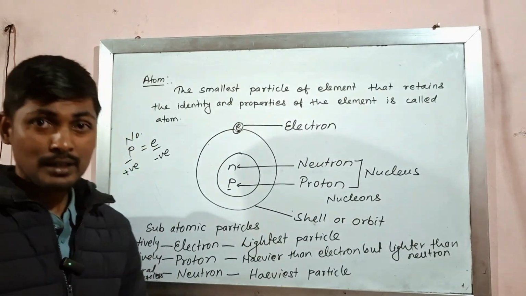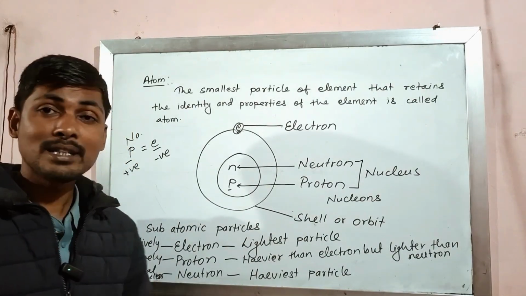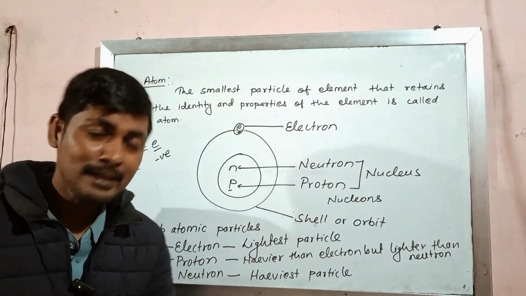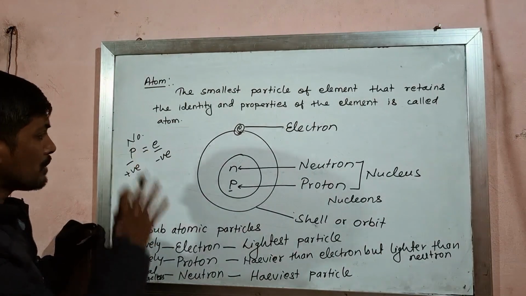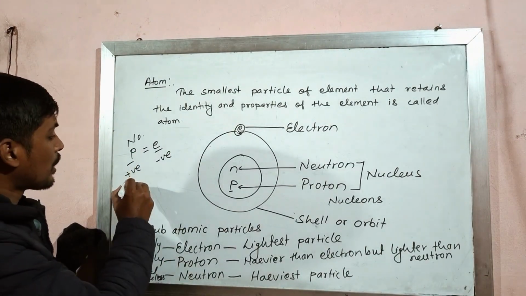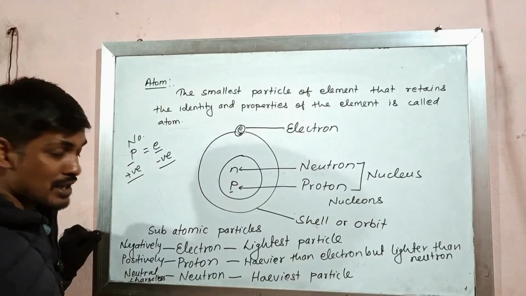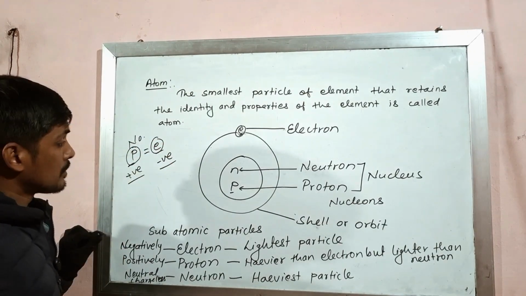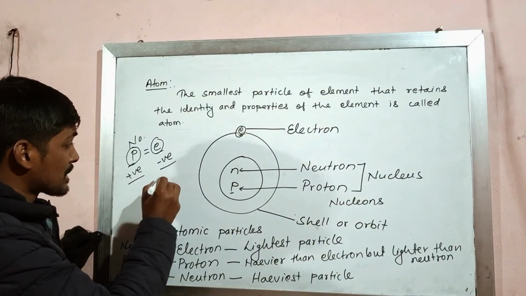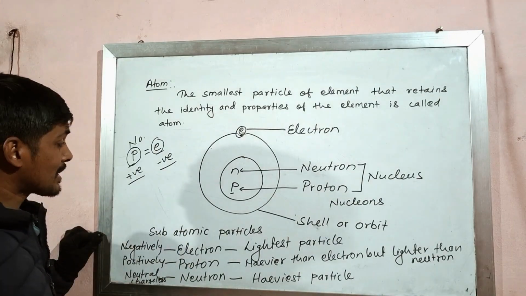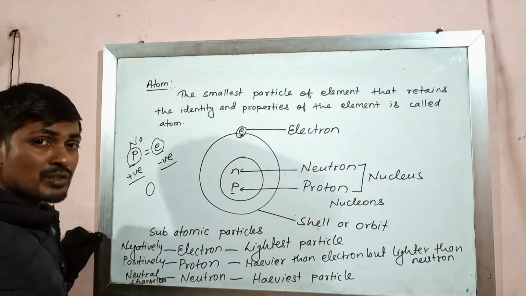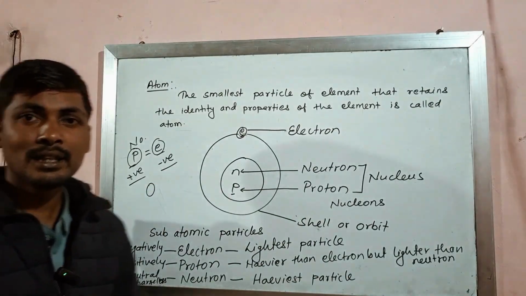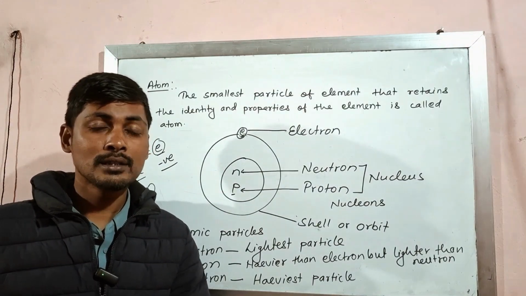Most of the time it is asked why an atom is electrically neutral or chargeless. So what is the reason behind that? An atom always contains equal number of positive and negative charge, that means equal number of proton and electron. So positive charge and negative charge cancel each other and the net charge becomes zero, due to which an atom is electrically neutral or chargeless.